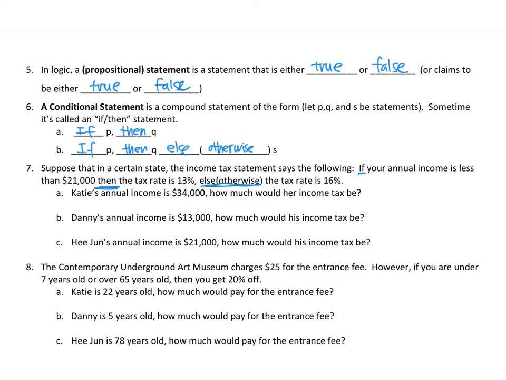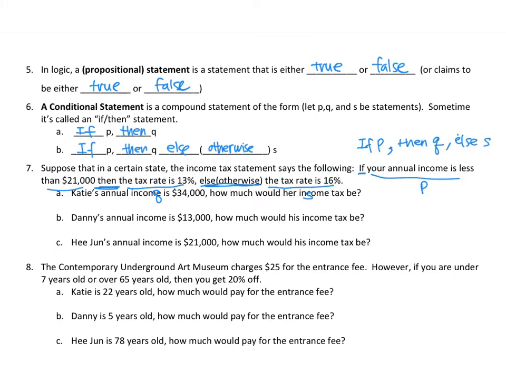So this part of the statement is basically my P. This part of the statement is basically Q, and the last part of the statement is statement S, right? So if P, income is less than 21,000, then we have Q, which is 13%, else you have S, which is 16%.